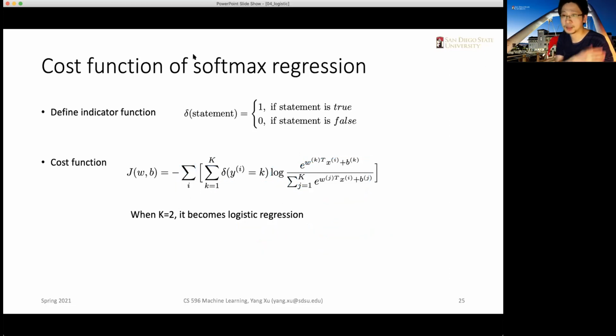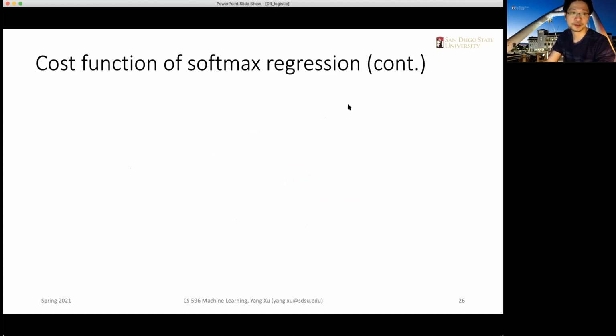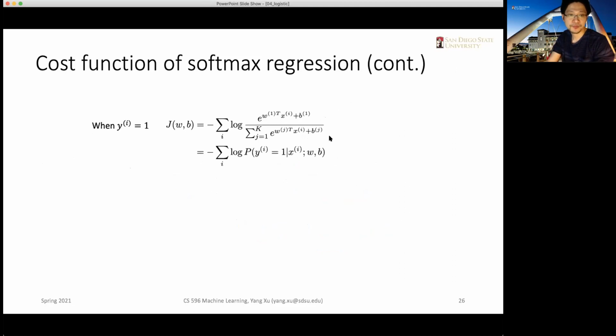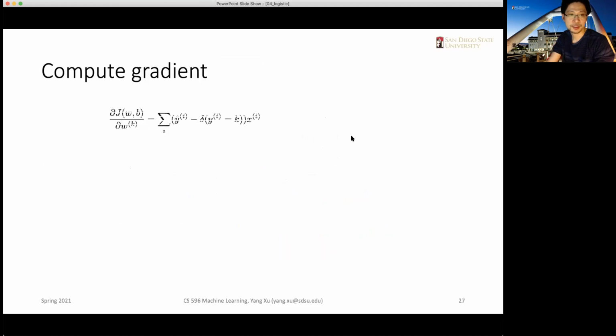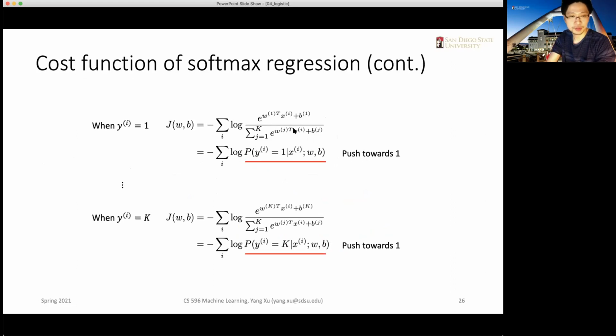Of course, it makes the computation more complex when we want to take the derivatives of this cost function. So let's go to the next slide. This cost function makes sense. When y equals 1, all the other k's are gone, so there's only one item left, and it's pushing the y hat towards 1.